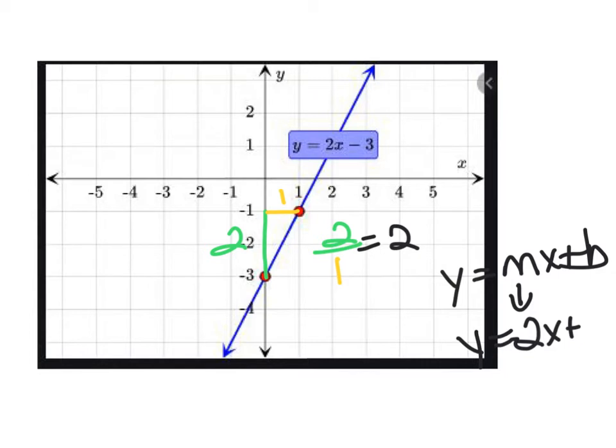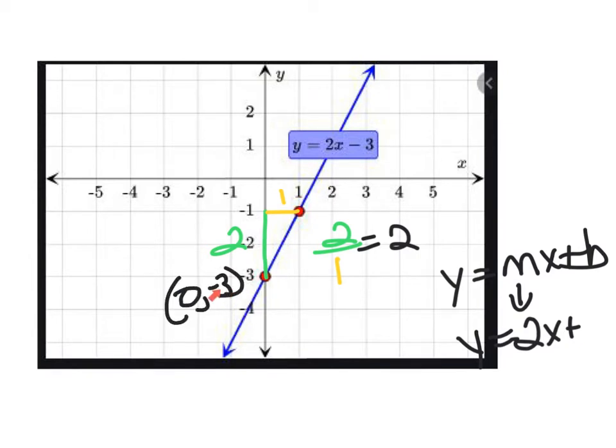The b is right here, this point that is on the y-intercept. Because remember, the x value is 0. We don't go right or left. It's 0, and then the point is down at -3. So this ordered pair is at (0, -3).